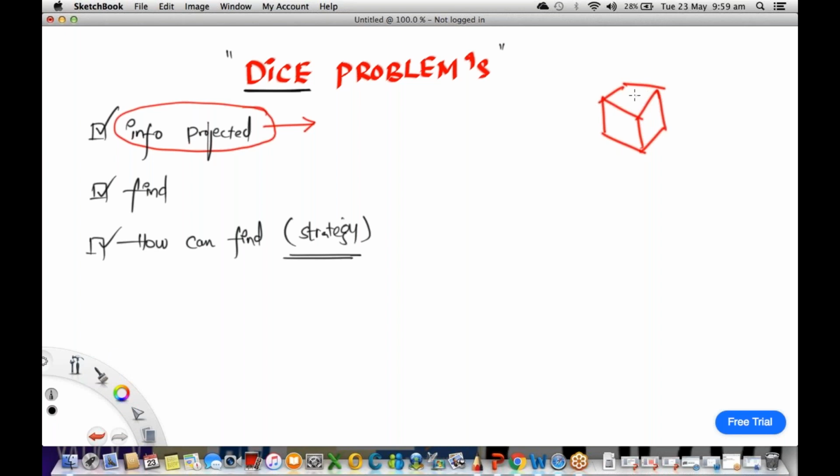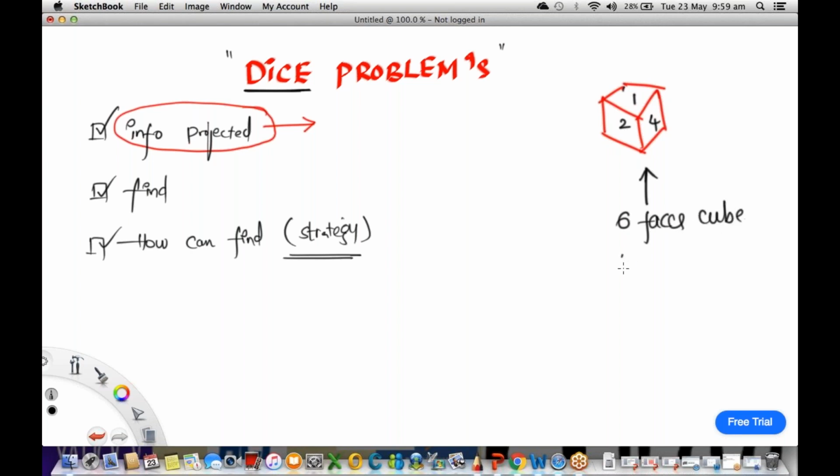It may be numbered with 1, 2, 4, 5, 3, 6, like that. I am able to see these 3 faces when I view it this way. Dice is nothing but a 6 faces cube.